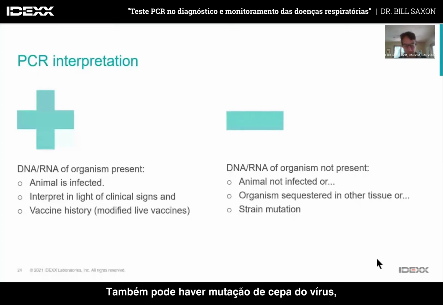Also, there can be a strain mutation of a virus, a new mutation that has a different genome than the strain that the PCR is directed toward. When that happens, eventually we figure it out and we get a new PCR for more strains. And this is something that's happening with FIP PCR.